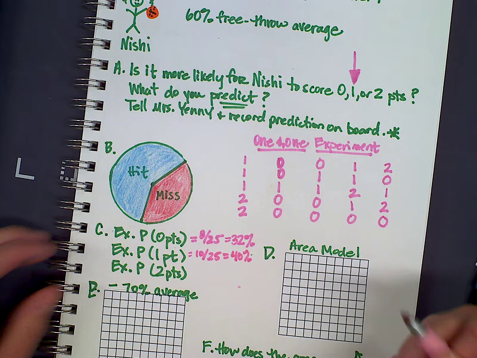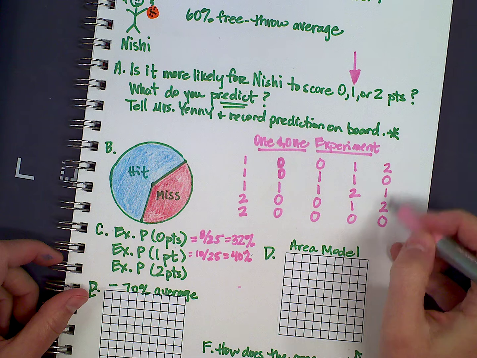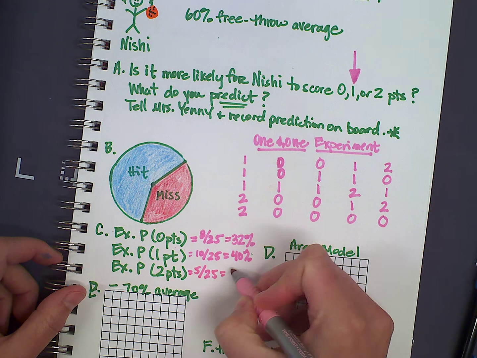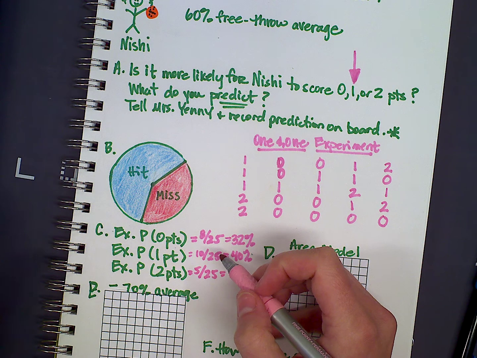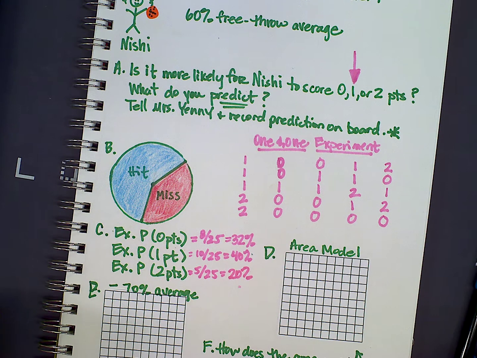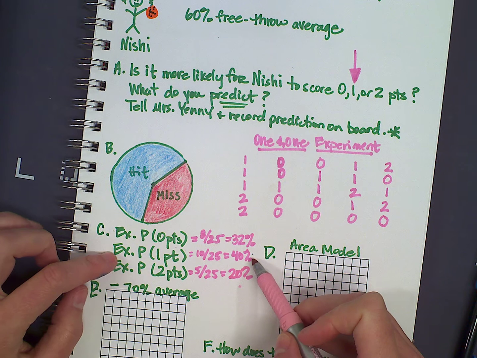And my probability of scoring 2 points, 1, 2, 3, 4, 5 out of 25, which of course is 1/5, which of course is 20%. So in my experimental probability, I found that the most likely outcome was 1 point.